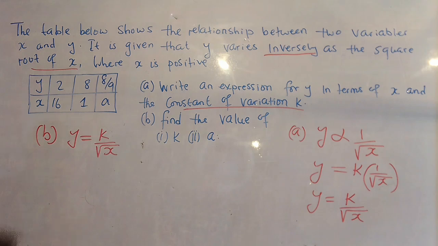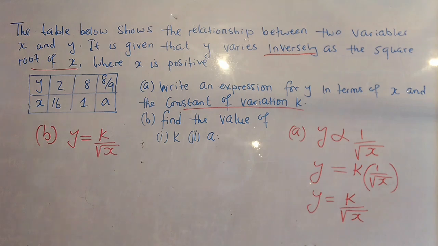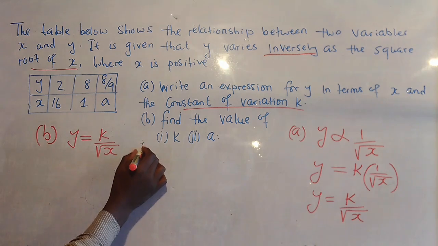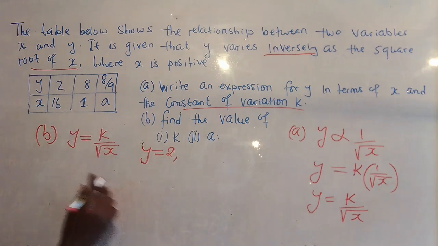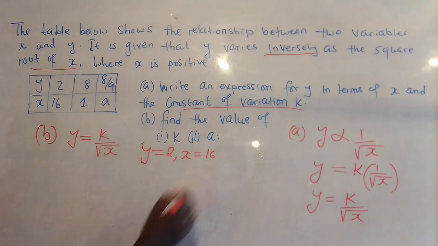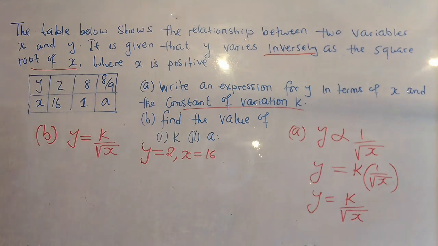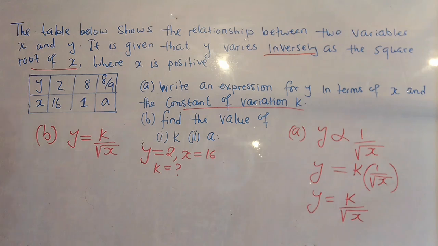You can pick either one, and you should get the same answer. When I pick this one, my y is 2 when x is equal to 16, and k is the unknown.